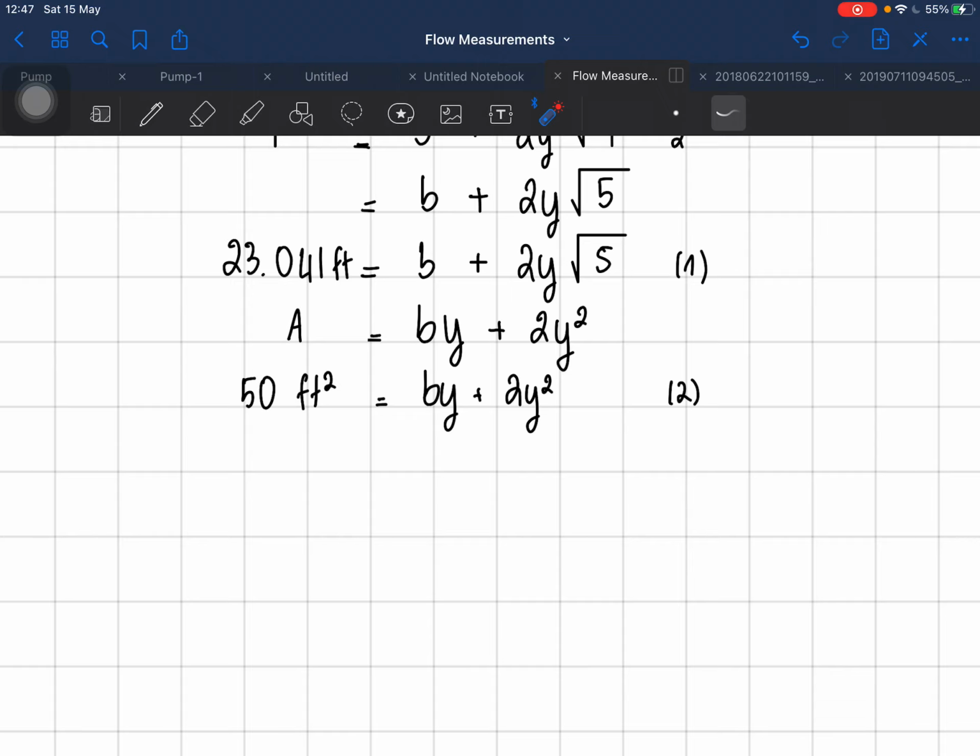So if equal to, I've never seen this type of equation before. I mean, I've seen it before, but I've never tried to solve it on my own. 23 equals x plus 2y square root of 5.